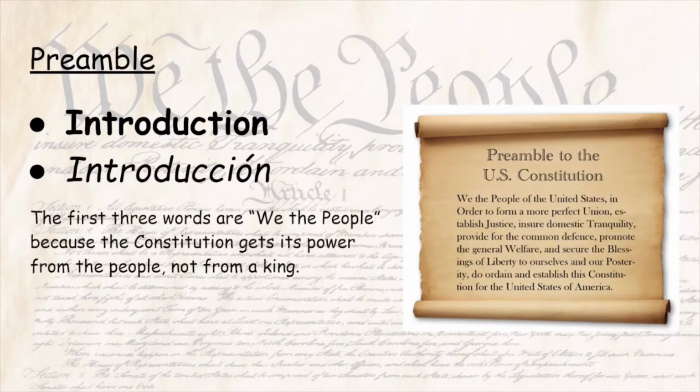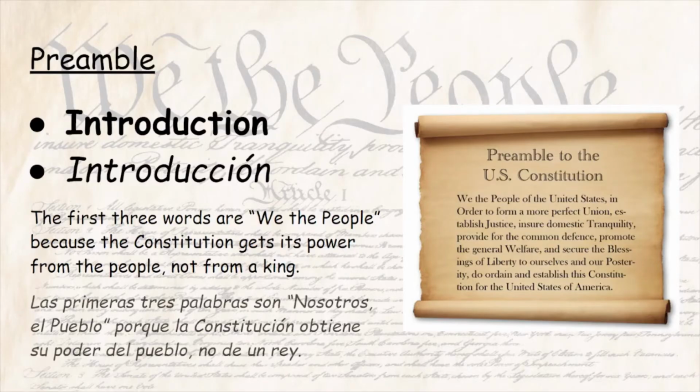The first 3 words are "we the people," because the Constitution gets its power from the people, not from a king. Las primeras 3 palabras son nosotros el pueblo, porque la Constitución obtiene su poder del pueblo, no de un rey.